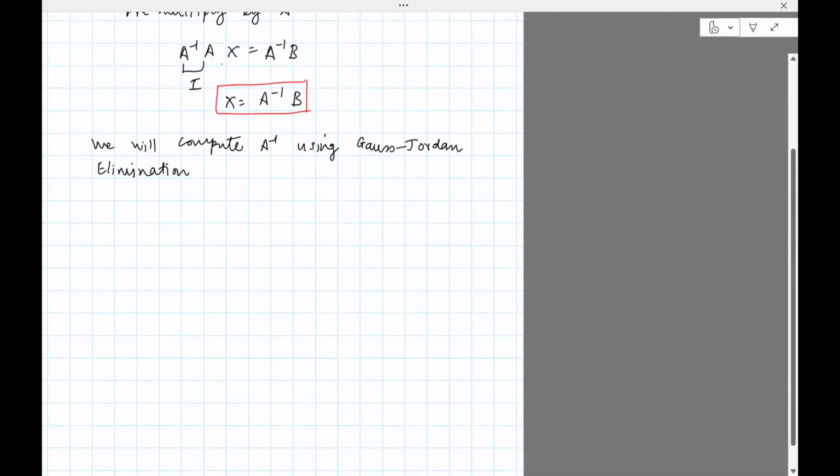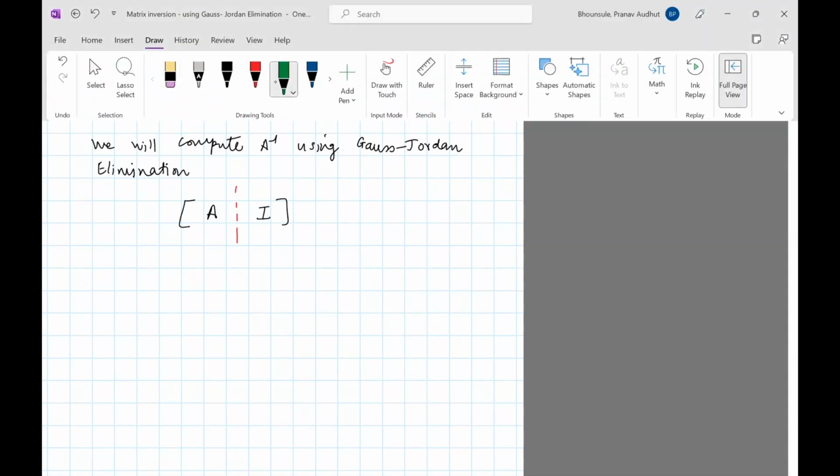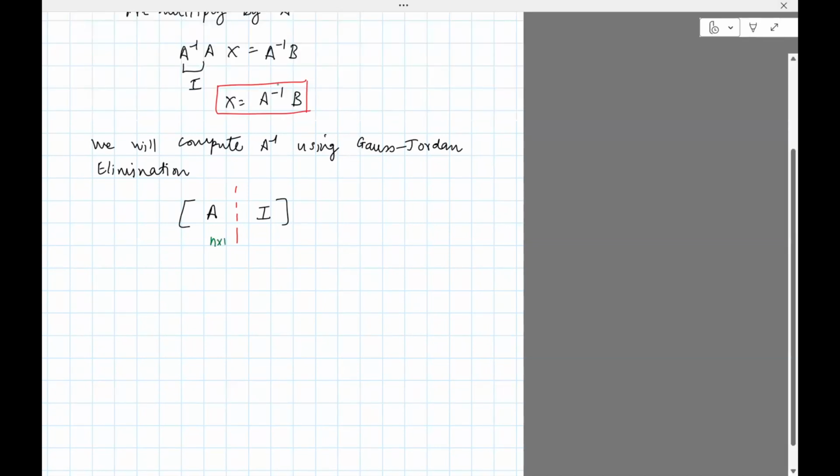So to do that, what we'll do is we will write an augmented matrix. Just like we wrote earlier A and B, we'll write A and I, where A is going to be the n cross n matrix, which is given to us, whose inverse we need to compute, and I is going to be the n by n identity matrix.